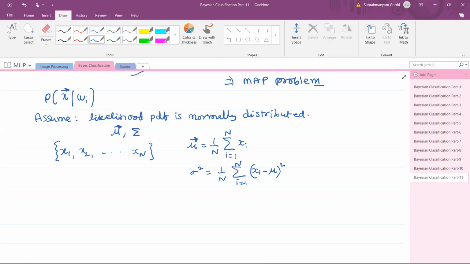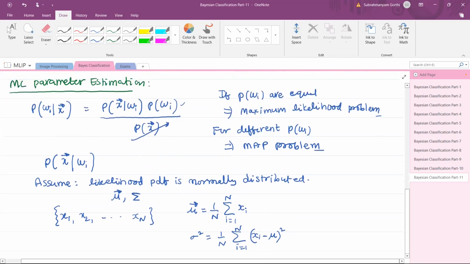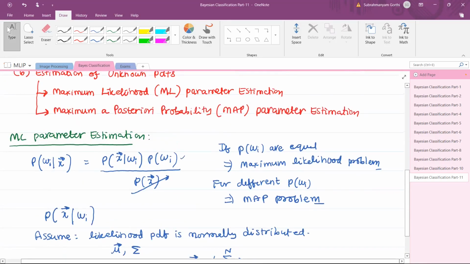Assume that there is some exponentially decaying distribution, where the rate at which it is decaying, say e power minus lambda times x square, something like that. Then lambda is what you want to know. So these two techniques, maximum likelihood (ML) parameter estimation and MAP parameter estimation, will let you compute these parameters for any general distributions that can be parameterized.